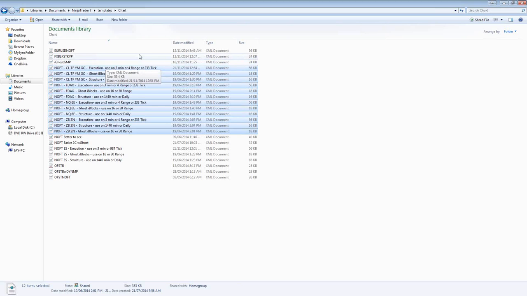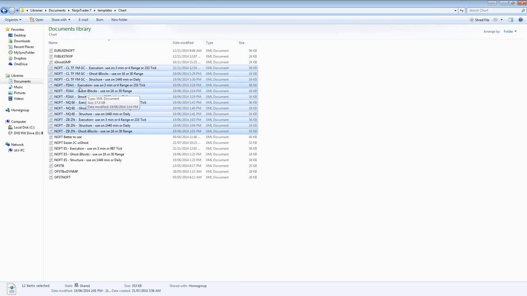But we suggest these particular time frames or styles of charts. For example, for crude, Russell, Dow, gold, the execution chart is on a 3-minute chart or 4 range or 233 tick. Your ghost eye blocks, you can put on a 16 or a 30 range. Your structure, you can put on a 1440 minute or a daily chart, okay?